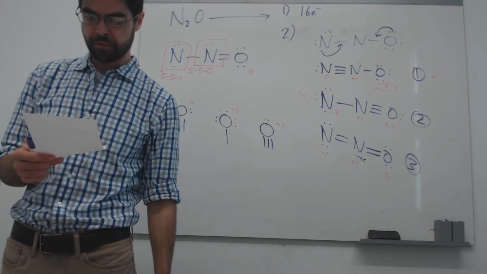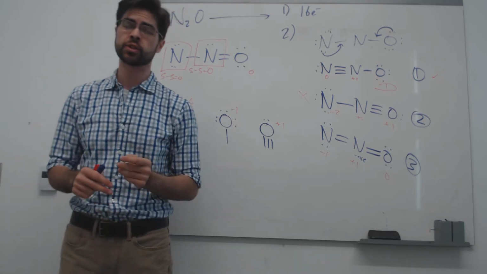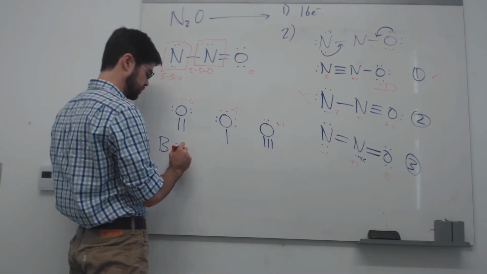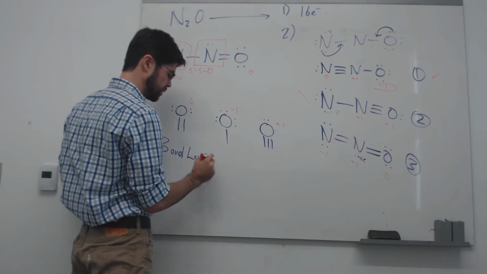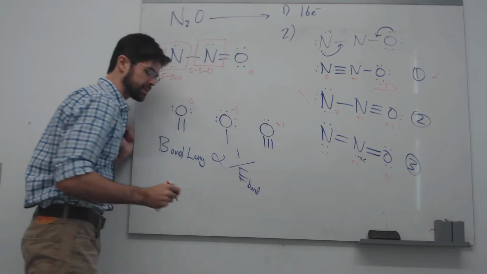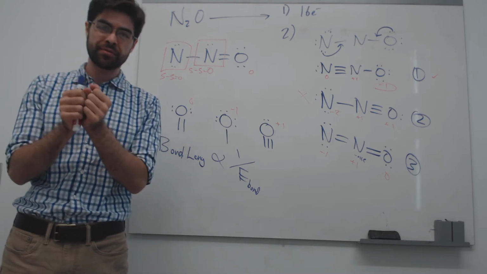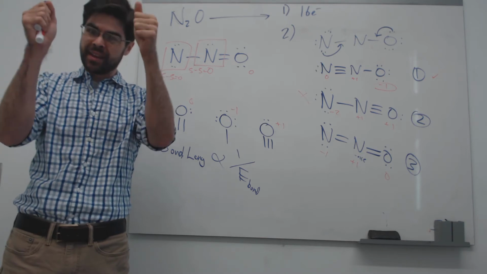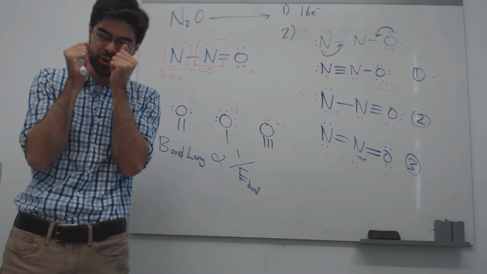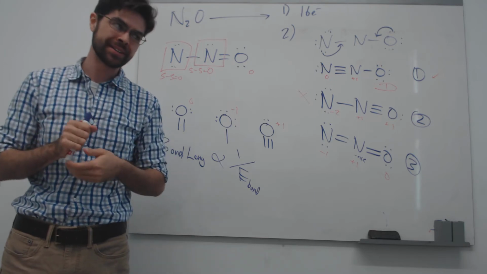Is bond length inversely proportional to bond energy? Yes, generally speaking. If you have a really, really strong bond, a bond that's very, very hard to break, that means that the atoms are very much tied together, or strongly attached to each other, and that generally corresponds with a short bond.